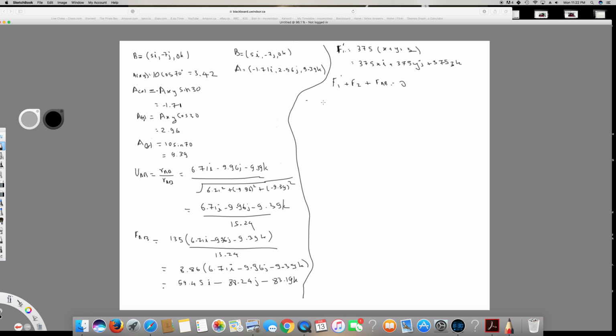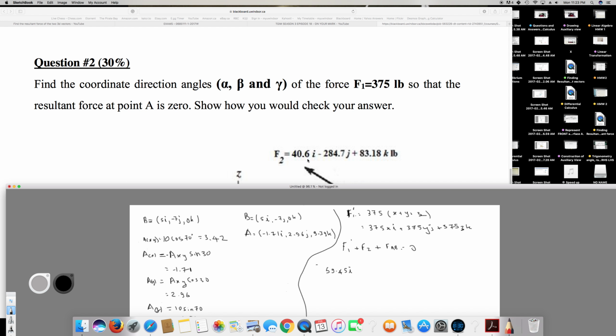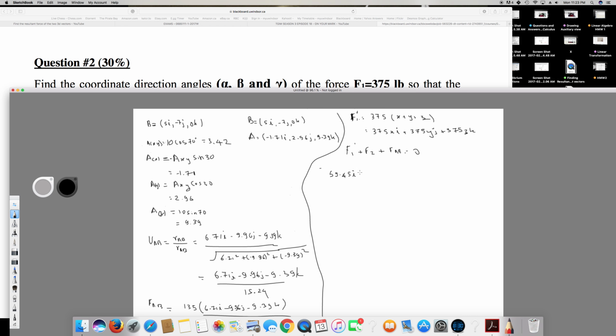So let's put the I values together. In FAB, the I value is 59.45 I, in the given one it's 40.6 I positive, plus another 40.6 I, and plus 375x I. So this is my first equation.